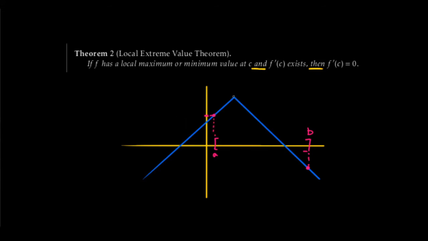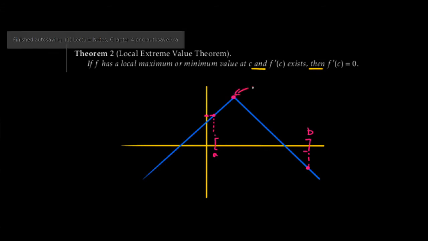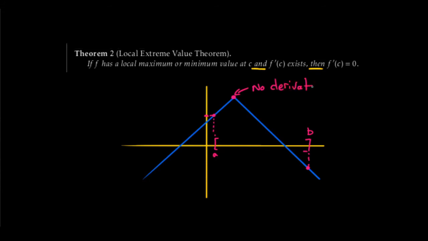Okay, so the highest point is right at that peak. But at that peak, as I'm approaching from one side, my tangent line is just that line. And as I go from the other side, my tangent line is just this line. It's all of the reasons we looked at before, that there is no derivative here.